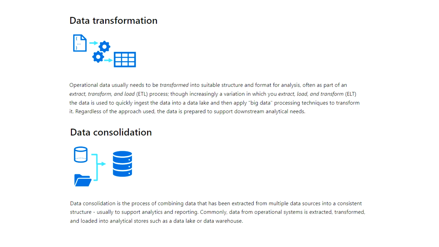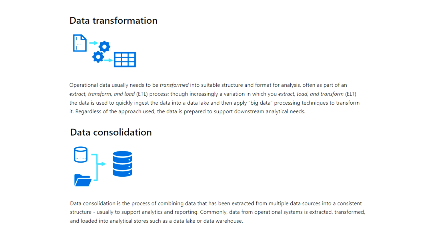The third option is data consolidation. Data consolidation is the process of combining data that has been extracted from multiple data sources into a consistent structure, usually to support analytics and reporting. Commonly, data from operational systems is extracted, transformed, and loaded into analytical stores such as a data lake or a data warehouse.